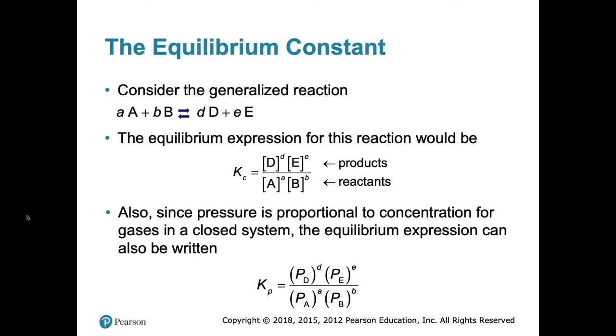Some people go back and forth and use them interchangeably, but just remember, if you have a Kp, that's based on pressure. If you have a Kc, that's based on concentration, and concentration is always in solution. And Kp is always going to be gases mixing together and becoming something else.